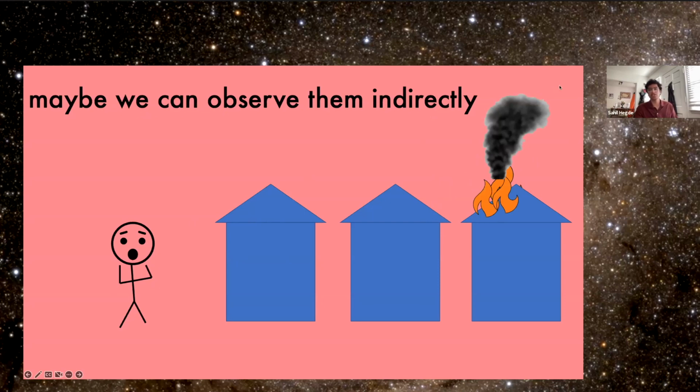You see an indirect signature of the fire that's burning down this house. And closer to what we do for these stars, you might be able to smell that the fire is happening. So you wouldn't actually even see the smoke, you smell the smoke. And so you have to become very creative to study those stars and to think about their indirect signatures.